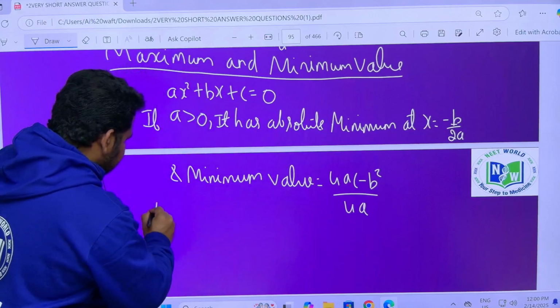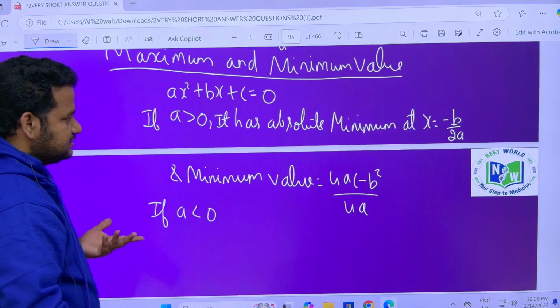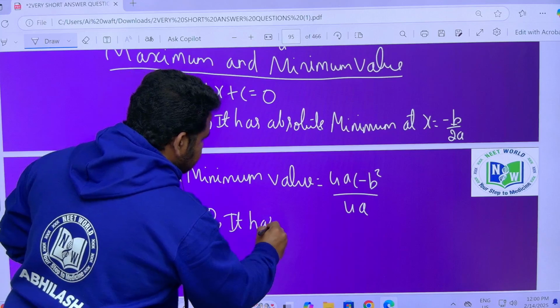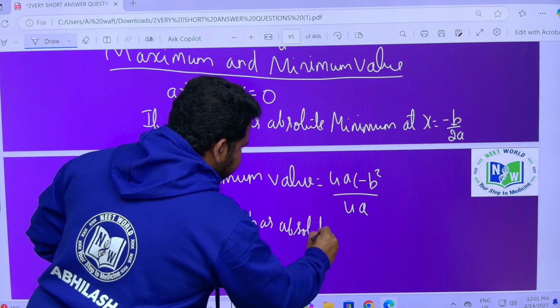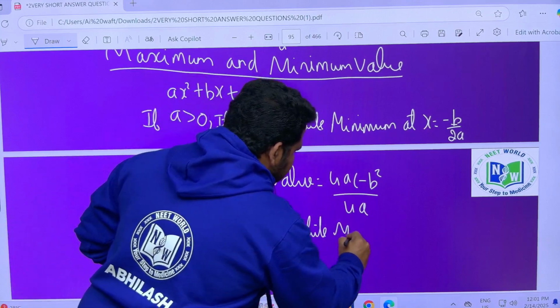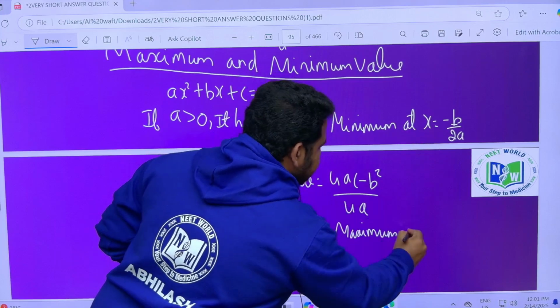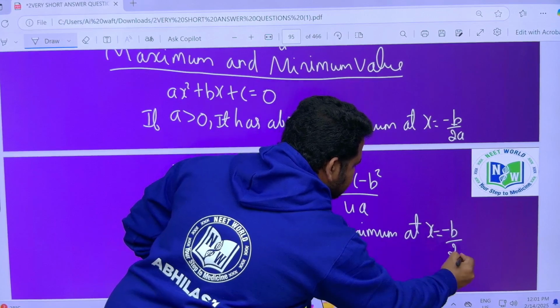Similarly, if a is less than 0, that is if the coefficient of x square is less than 0, it has an absolute maximum at the same point, x is equal to minus b by 2a. Got it, friends?